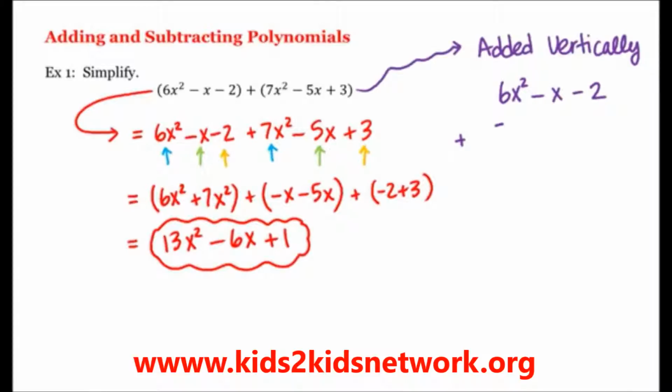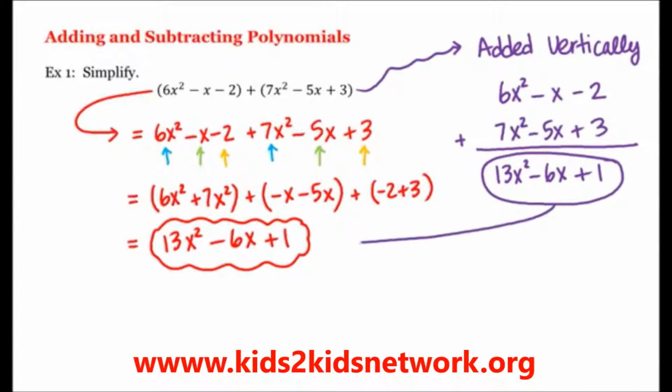And then we're adding to this the second polynomial, 7x squared minus 5x plus 3. And now the like terms are aligned vertically. So adding them will give us the same answer of 13x squared minus 6x plus 1. All right, let's look at another example.